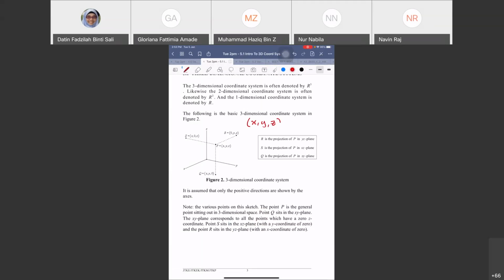When we draw the coordinate system, you will see three axes like this. The labeling in terms of x, y, z is just a standard labeling.